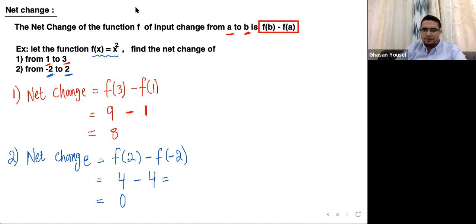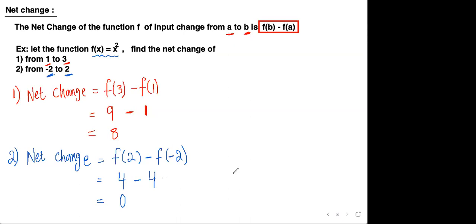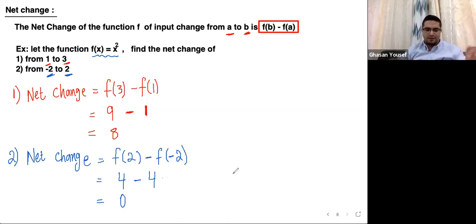Any question for the net change? This is what you should know about the net change. And I have another example inside this section.